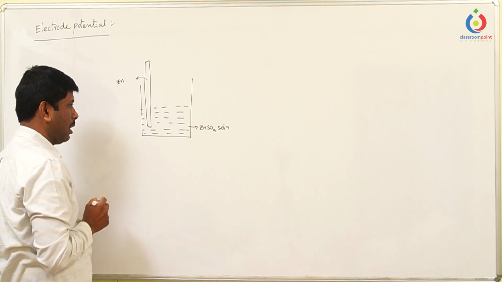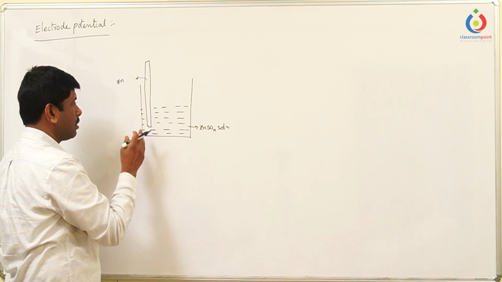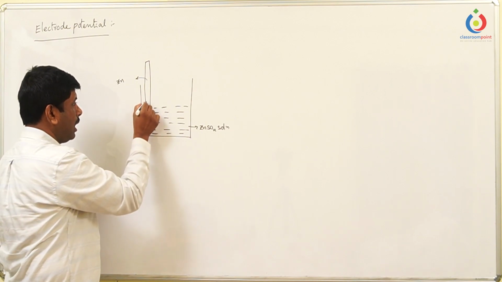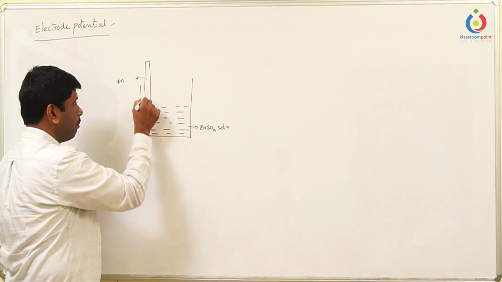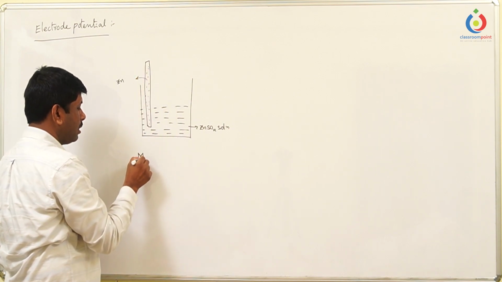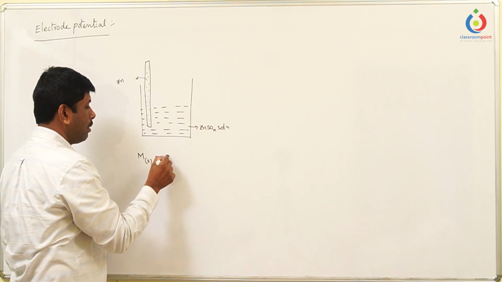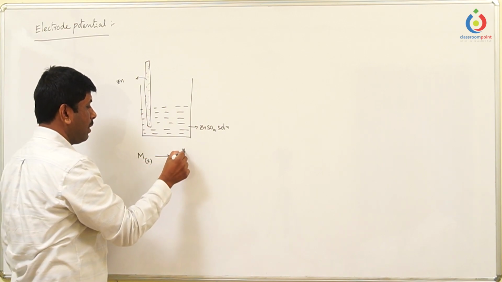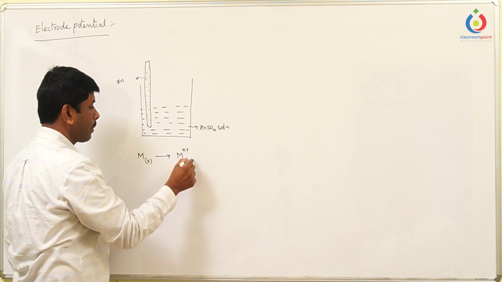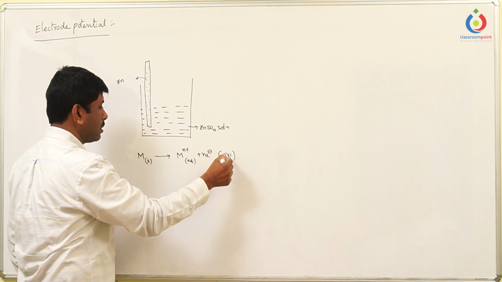Those two processes are: this metal can lose electrons. That means whatever metal atoms are present on the metal rod, they may participate. I am taking the general reaction. So the metal may lose n number of electrons and undergo an oxidation process.